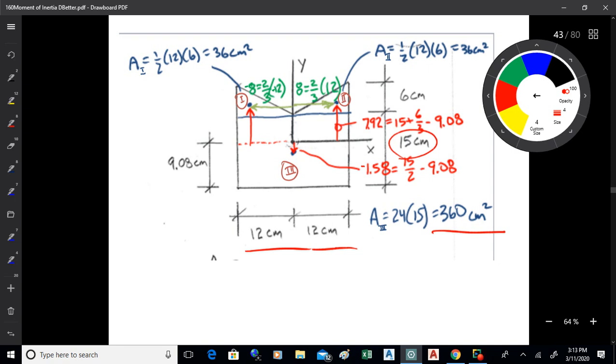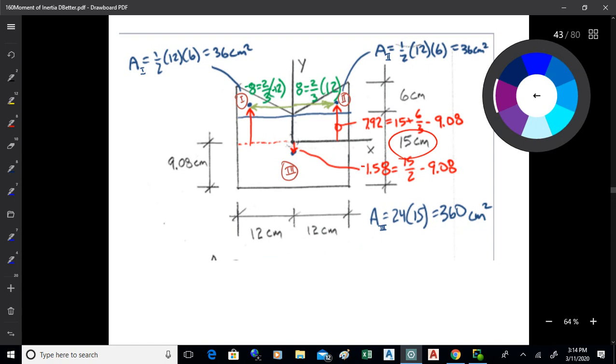Now, what I also want are the offset distances, because what's happening here is that I'm going to find the moment of inertia about the neutral axis for this thing, which runs this way for the x neutral axis and that way for the y neutral axis.